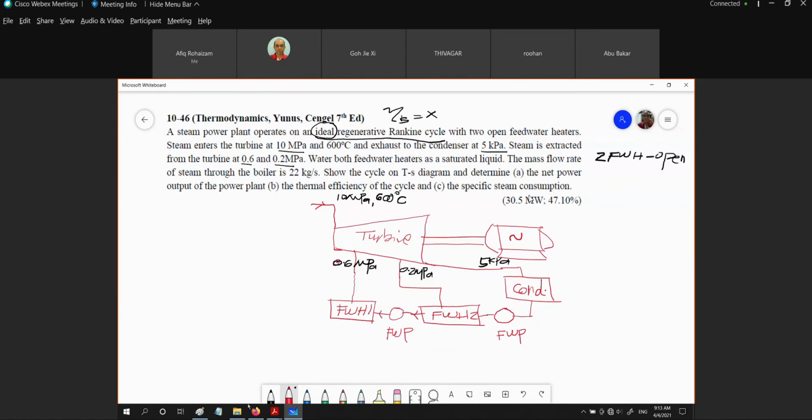And we know that the boiler is at 10 megapascal. Now, what is coming out from feed water heater number 1 is 0.6. So we need to increase to 10 megapascal, meaning that we are going to have another feed water pump right here to increase from 0.6 to 10 megapascal. Then only it will go into the boiler.